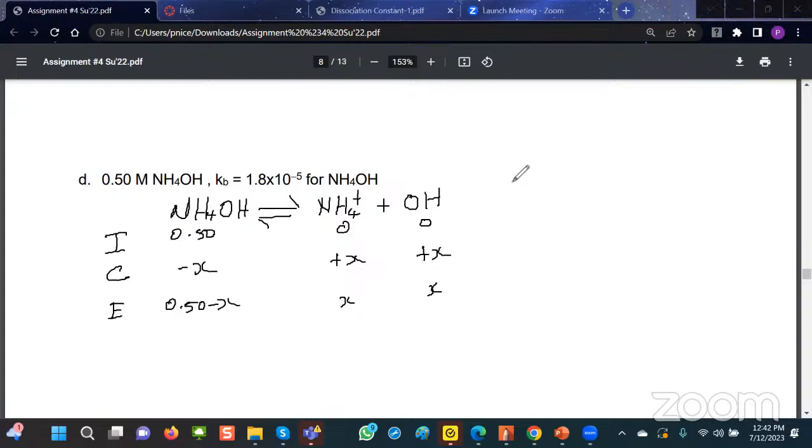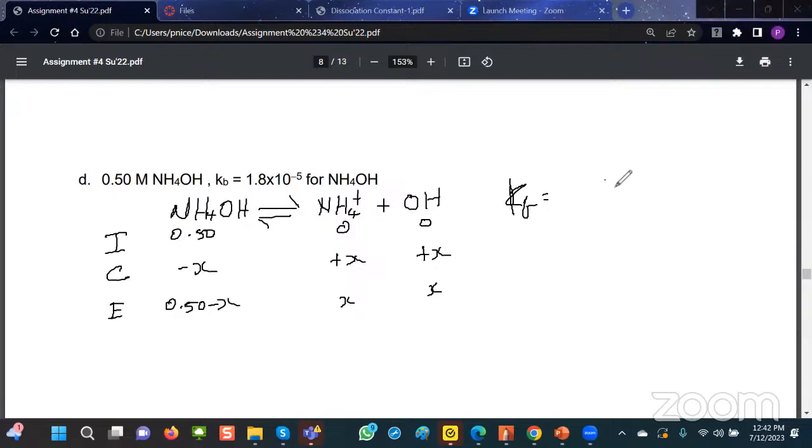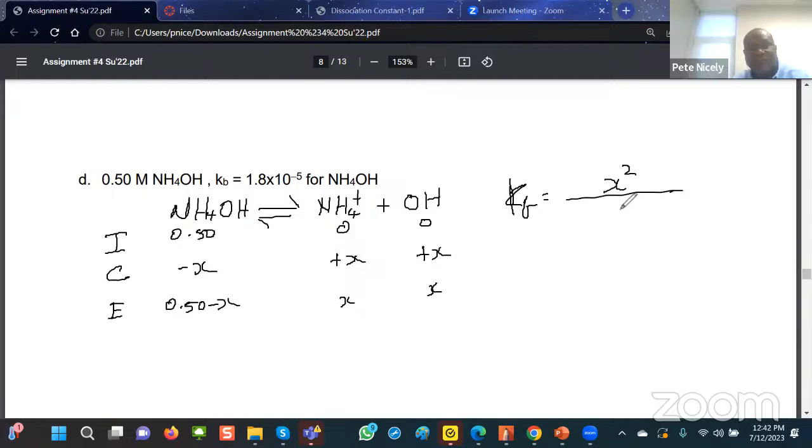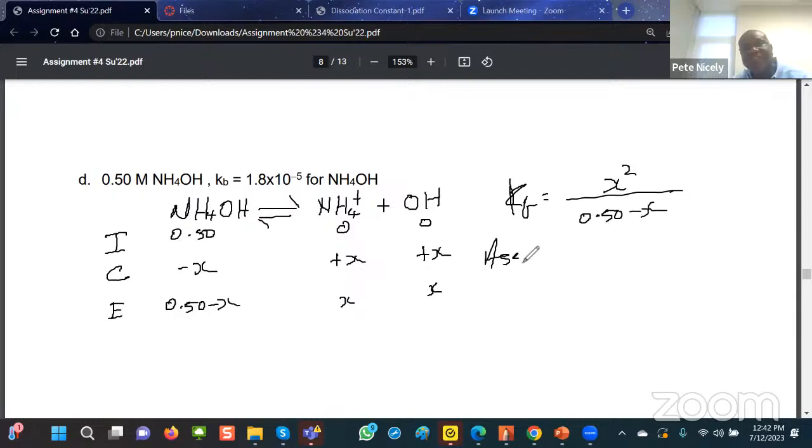Making a Kb equation. Okay, so Kb is equal to what? x squared over 0.5 minus x. And again, we make the assumption that x is much less than 0.50, which means that 0.50 minus x is approximately 0.50.